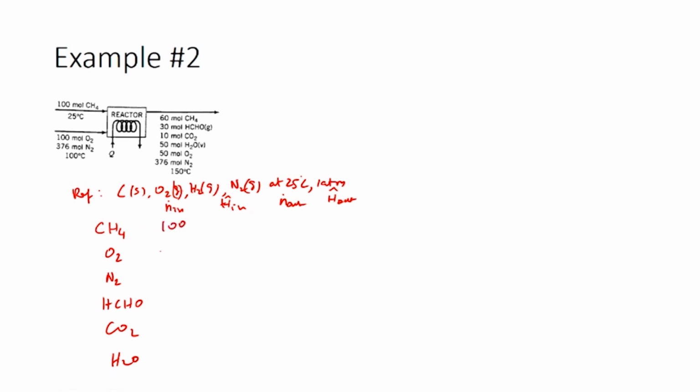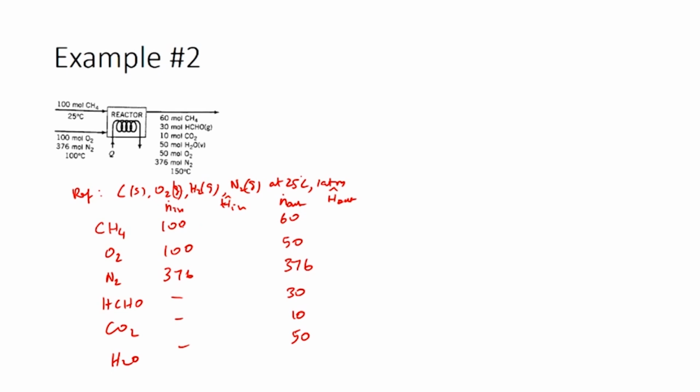You have 100 moles of methane, 100 moles of oxygen and 376 moles of nitrogen coming in. You do not have any formaldehyde, carbon dioxide or water coming in. In the exit stream you have 60 moles of methane, 50 moles of oxygen, 376 moles of nitrogen, 30 moles of formaldehyde, 10 moles of carbon dioxide and 50 moles of water, all leaving the system.